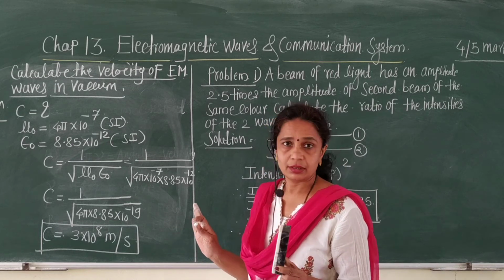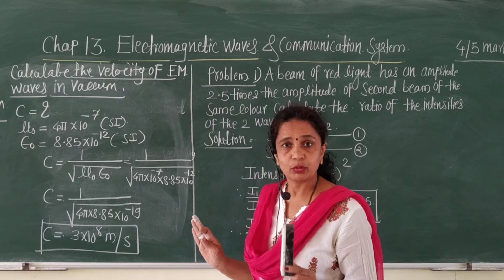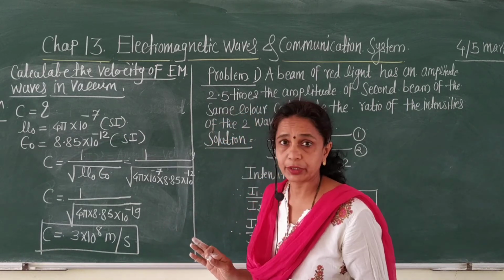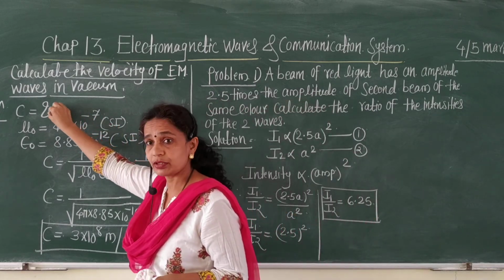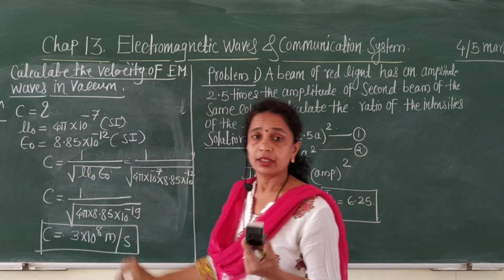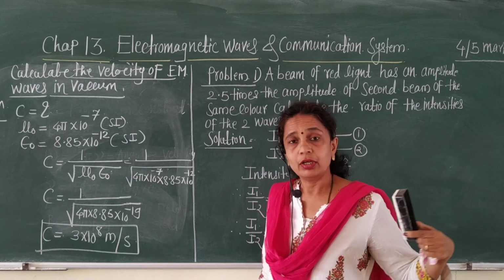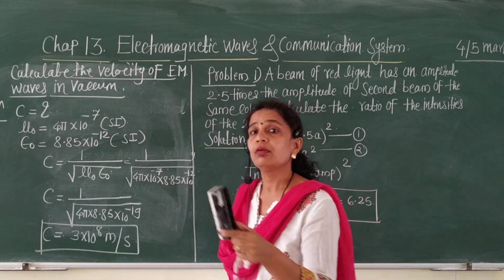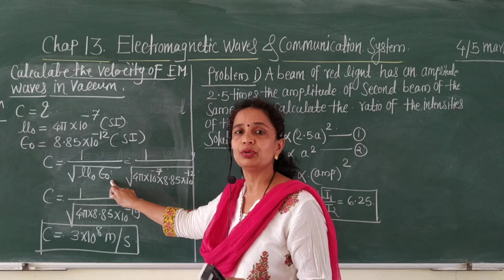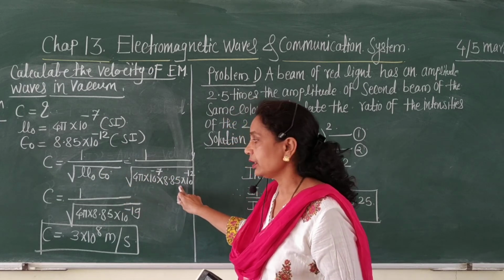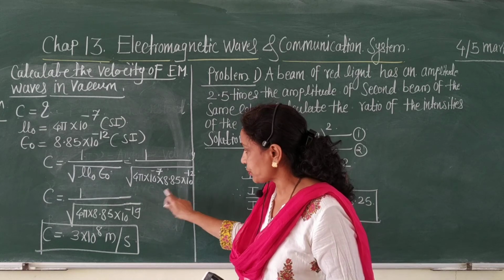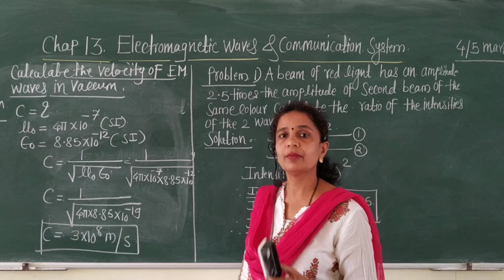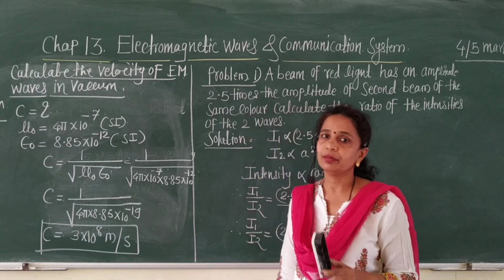It is a simple example, because here we have to calculate the velocity of electromagnetic waves in vacuum, which is c. There is one property: electromagnetic waves travel with velocity c, which equals 1 upon the square root of mu naught into epsilon naught. So we get these two steps, and lastly we get c equal to 3 into 10 raised to 8 meters per second.